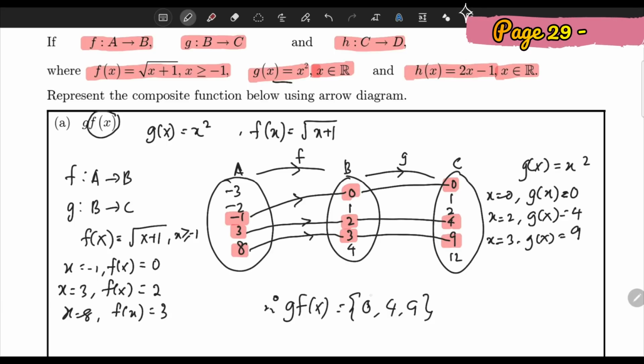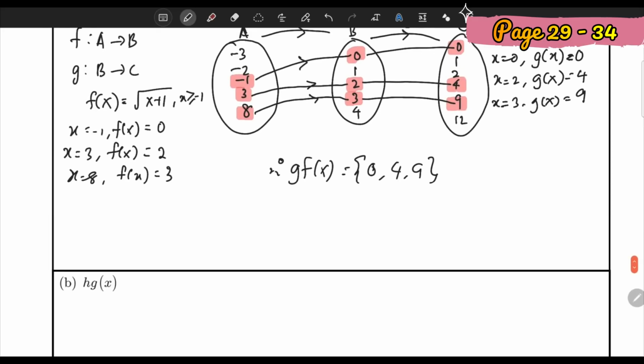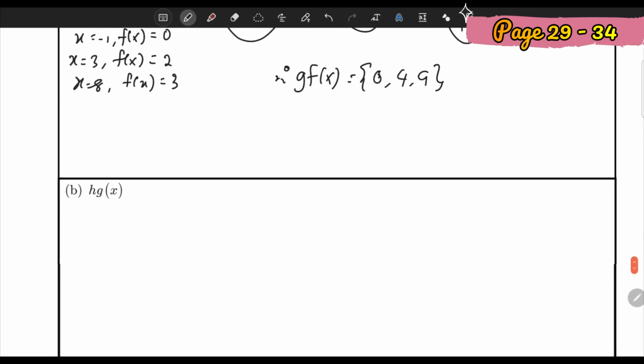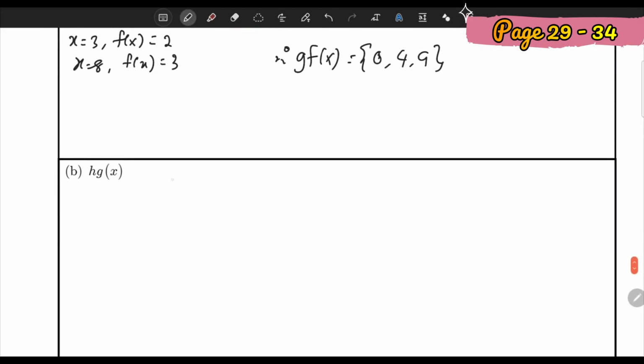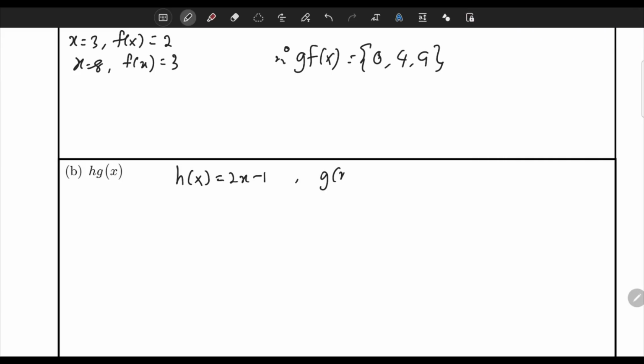Same goes for part b. Let's look at b. We have hg. Write down what h(x) is: h(x) is 2x minus 1, and g(x) is x squared.